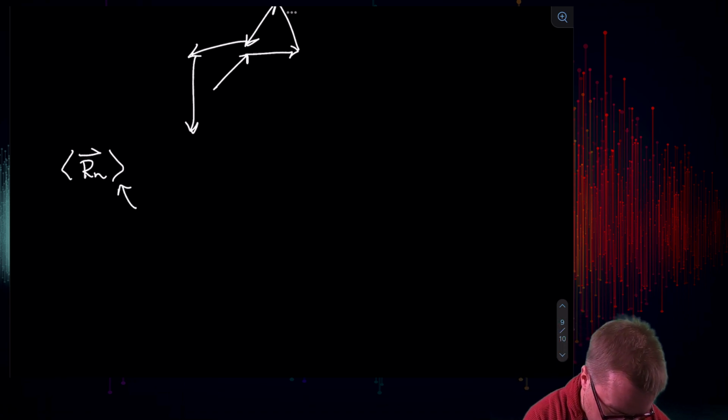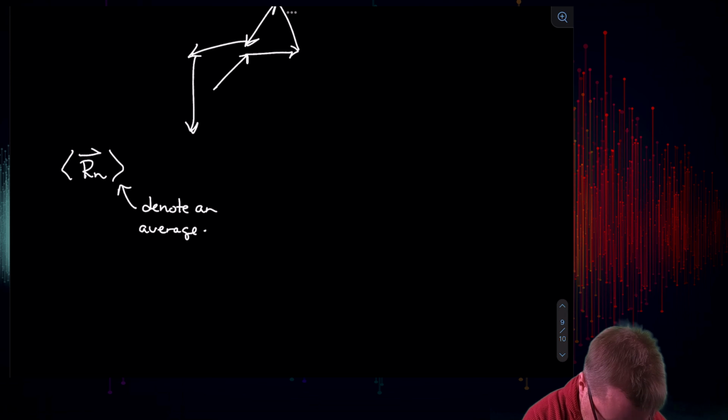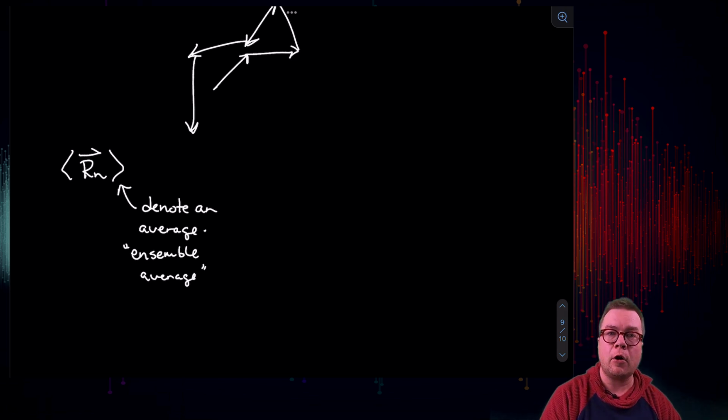These brackets denote an average, and we call this the ensemble average because we're going to average over a large number of molecules, okay, so that we can get something that's statistically relevant.